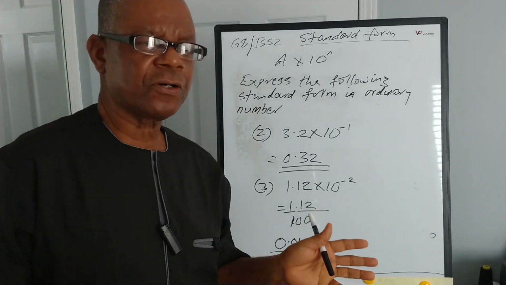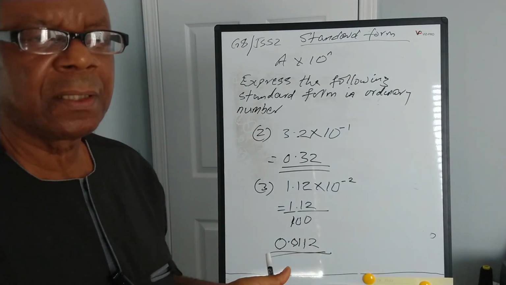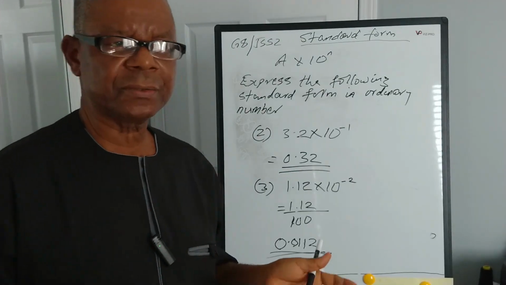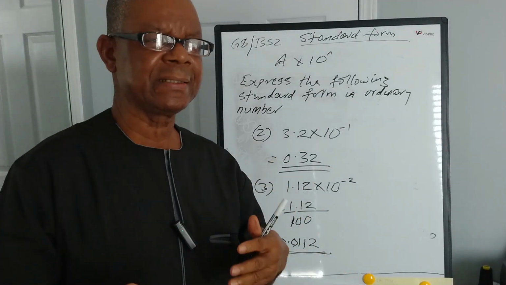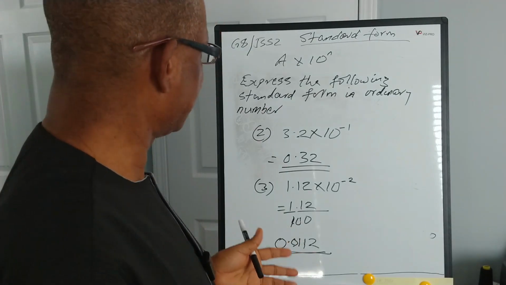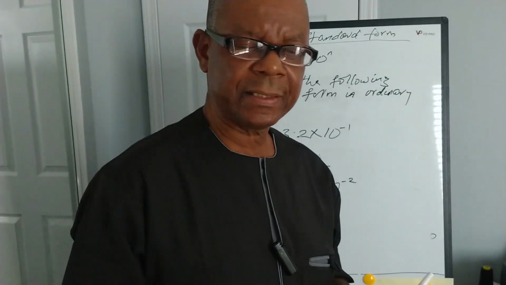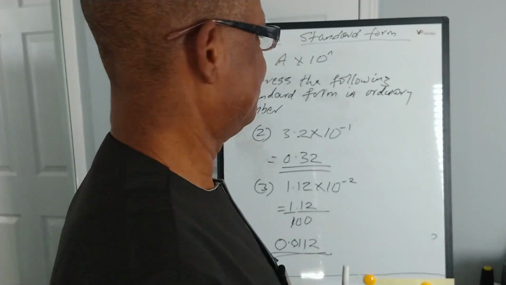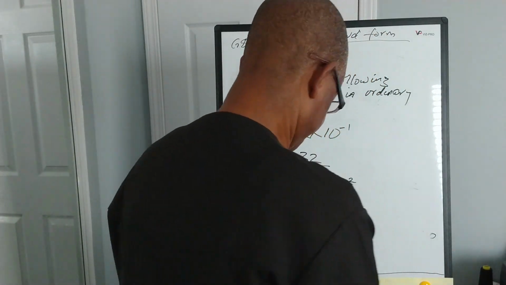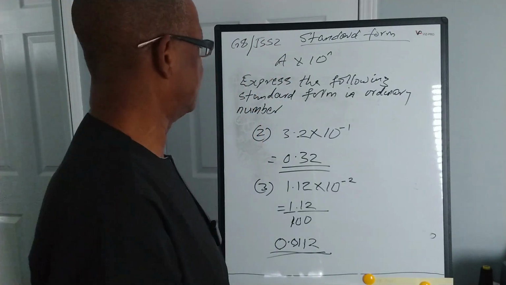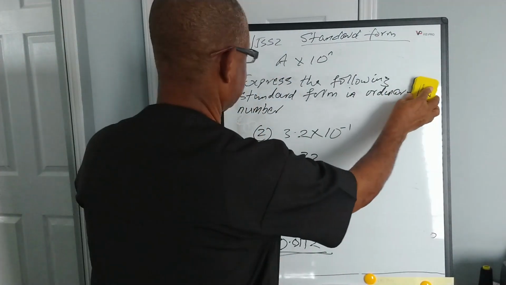We can use standard form to solve addition, subtraction, and so on and so forth. That is applying decimal standard form in solving the operation of numbers, addition, subtraction, and so on. Let's have an example to that.